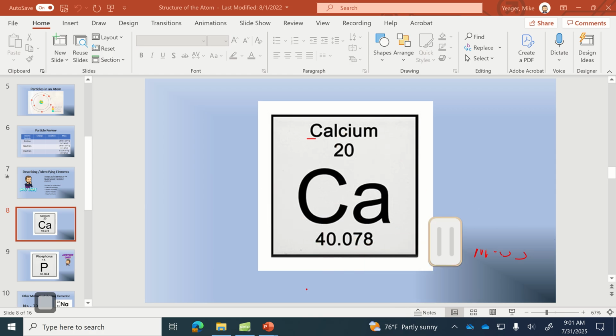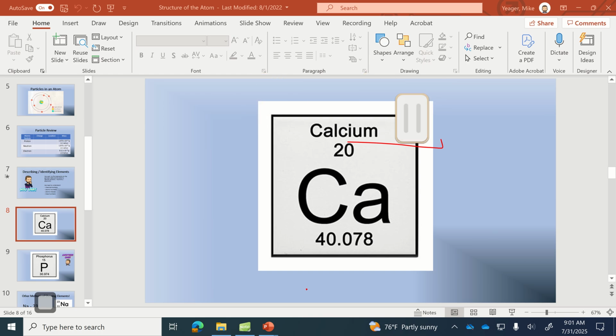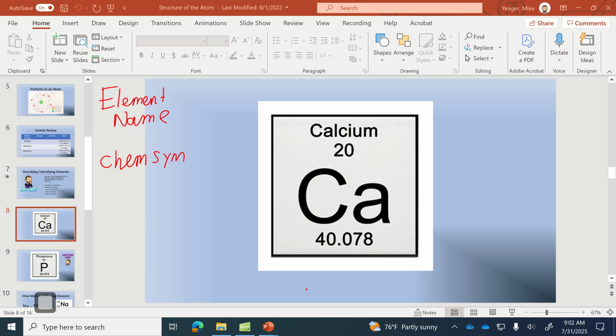Let's say, for instance, with calcium, because this is kind of what your work will look like, I want you to write down the element name, the chemical symbol, the atomic number, the number of protons, the number of electrons, the number of neutrons, and the mass number.